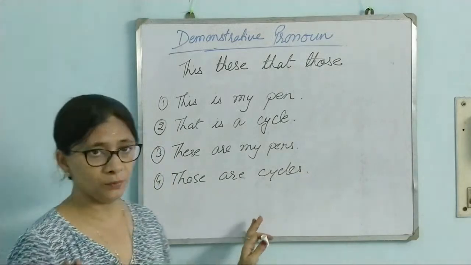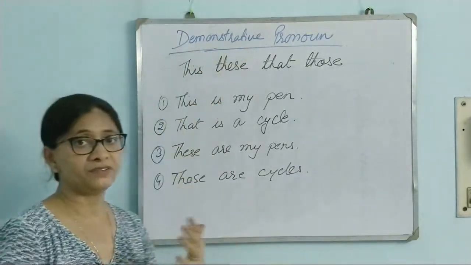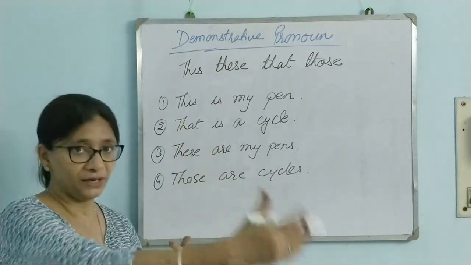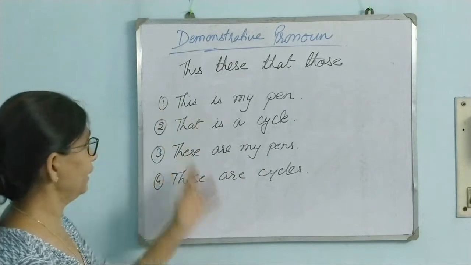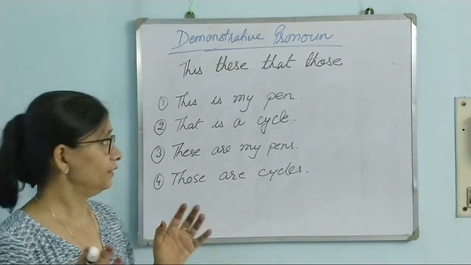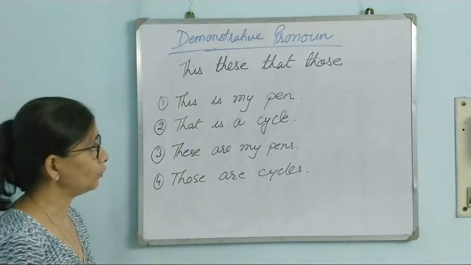So I hope you are getting this. It's very simple. Demonstrative, because it is demonstrating: this, that, these, those. They are demonstrating a noun. So they are pronouns, because anything that has got something to do with a noun is a pronoun. So here this, that, these, those are pronouns.